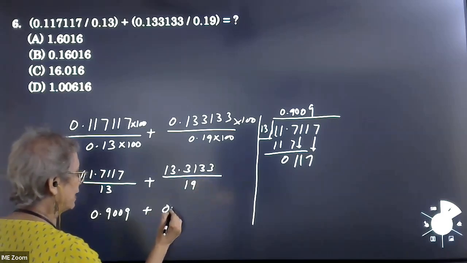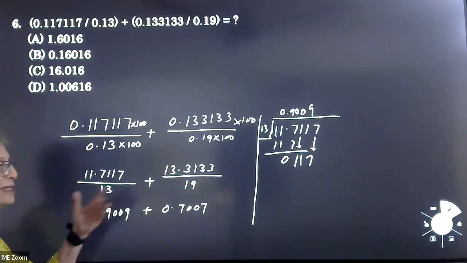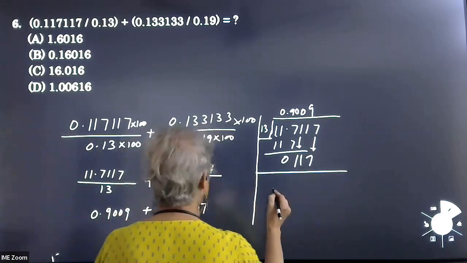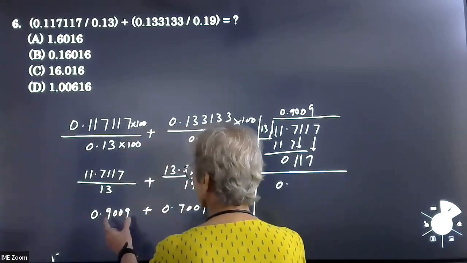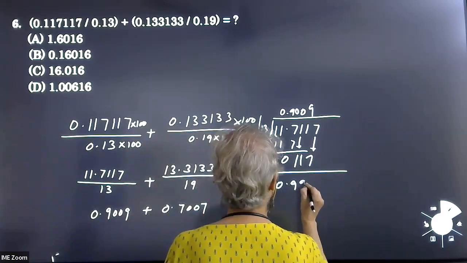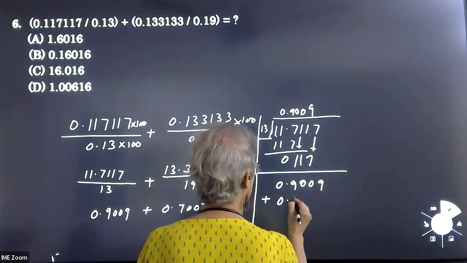And similarly here, now same thing will happen here. It will be 0.7007. And now let us add them together. Here we'll do addition. Like terms, 4 digits after the decimal point in both the numbers. So no need to change anything. Just add them.